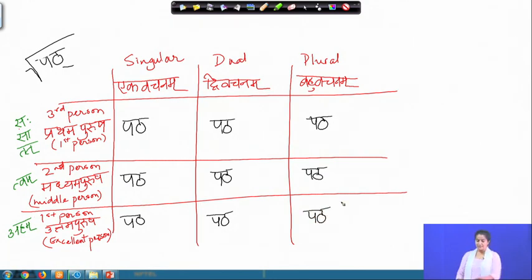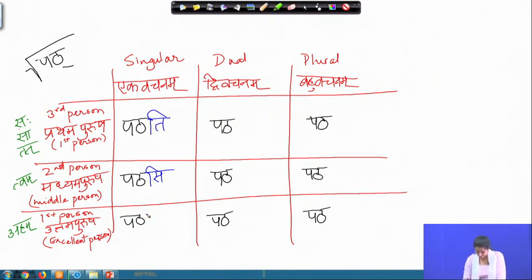All right. Now let's see what happens to the endings. So let's see if you can recollect based on what we have seen thus far, what the endings would be. Yeah. So sah in the singular was in the present tense pathati. Tvam pathasi. Make sure you don't join it there. Pathasi.